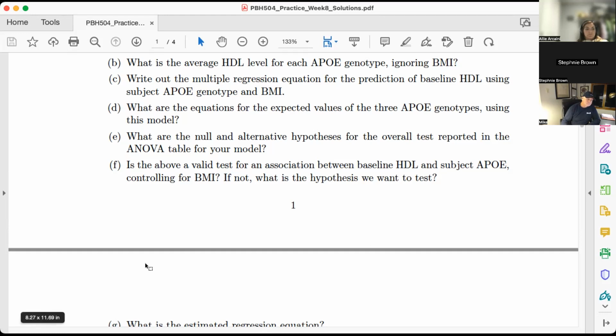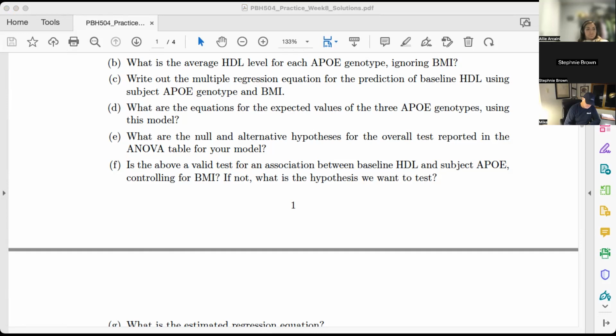So in this case, we'll have expected value of HDL. I'll just give an X and shorthand it.